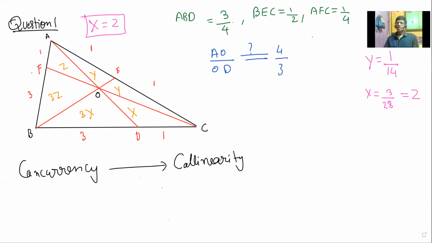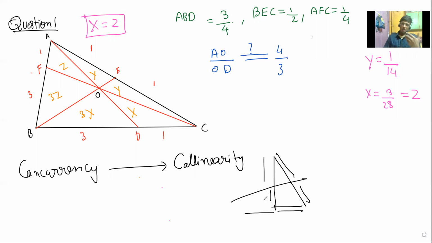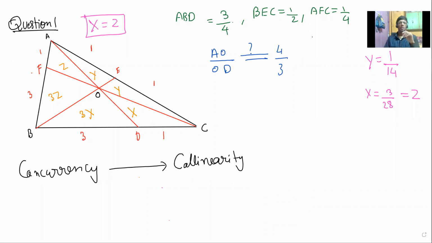Collinearity means when 3 points are on the same line. Basically, when you have a triangle and a line passing through it, some ratios are given, and you would like to find the remaining ratio. So we will try to see that from here. Let's do it with a thick pen.